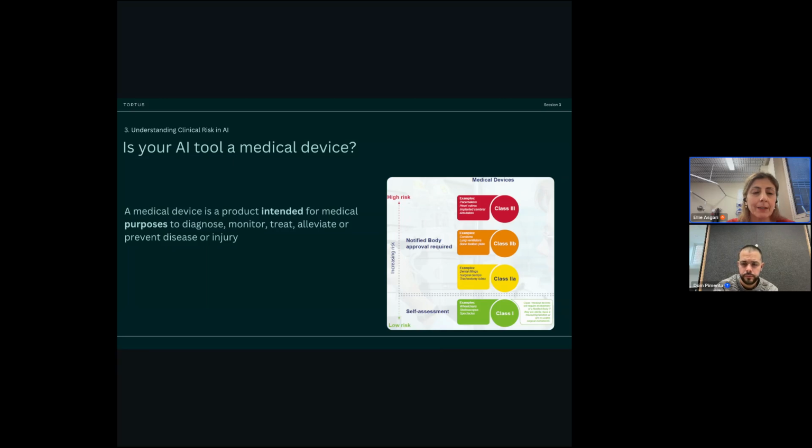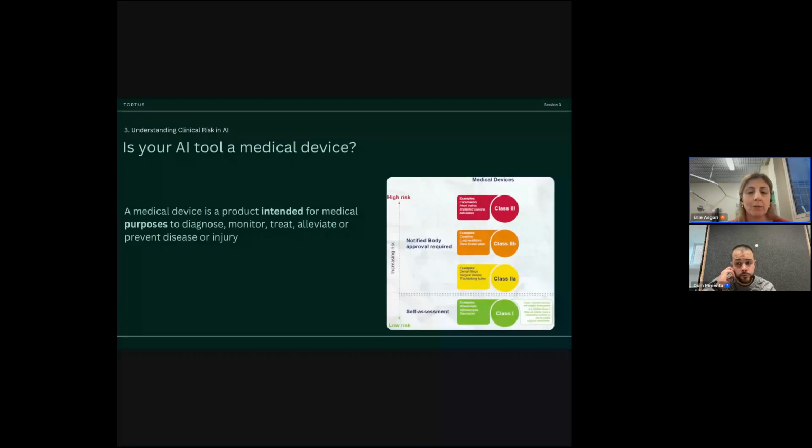But what is really important is the intended purpose. If, for example, you have a smartwatch and you say, I'm making this with the intended purpose just so that you can check your pulse, check your activity or how many calories you burn, that would not be a medical device.